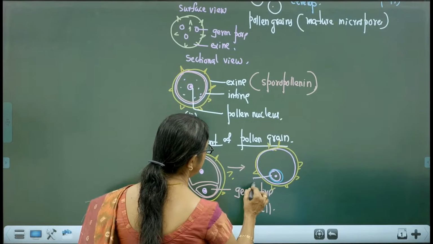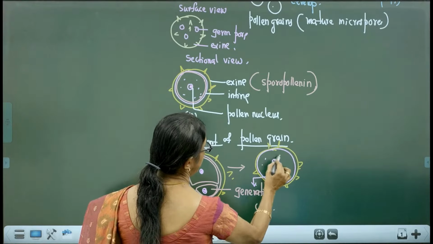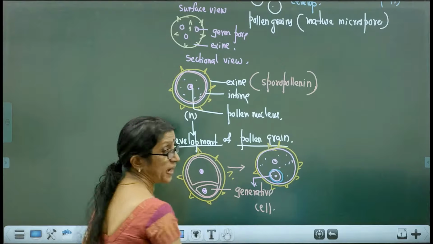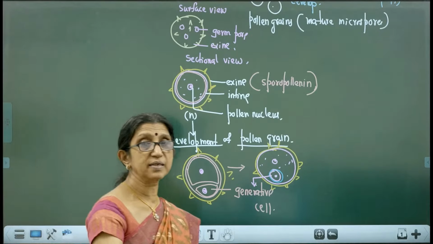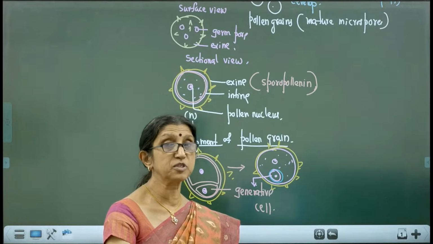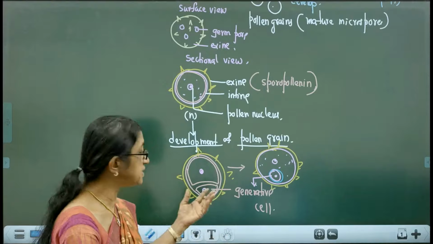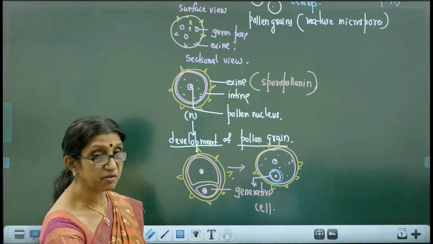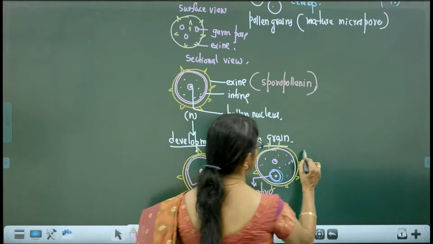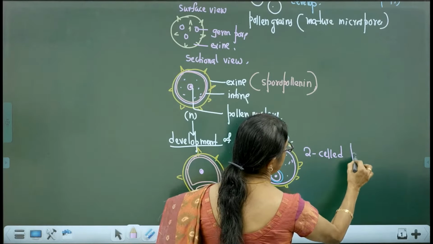This newly formed cell is known as the generative cell. So the parent pollen grain now consists of a newly formed spherical cell, and this is called the generative cell. In this stage the pollen grain is referred to as two-celled. So this is known as a two-celled pollen grain.